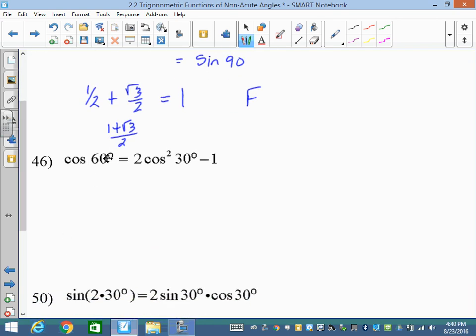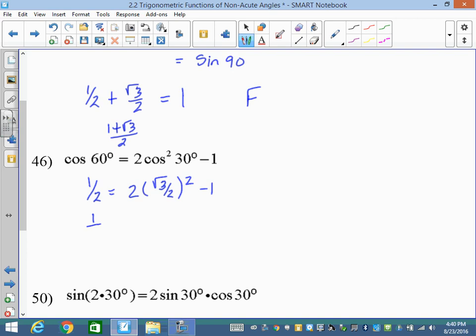Okay, cosine of 60 equals this mess. Cosine of 60 is 1/2, equals 2 times the cosine of 30 squared minus 1. Cosine of 30 is radical 3 over 2, but I want to square that. Please don't stop here and go, yep, nope, let's do the math.